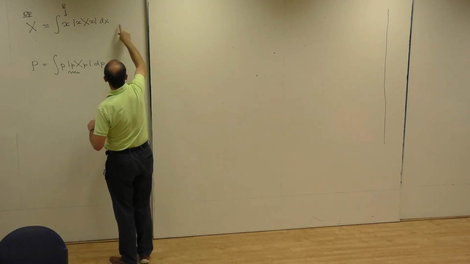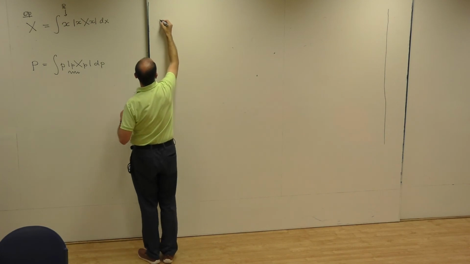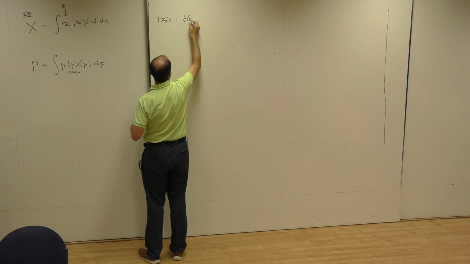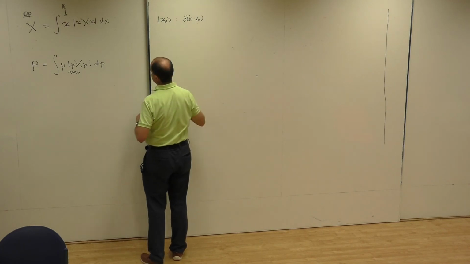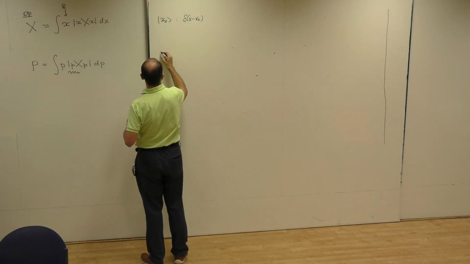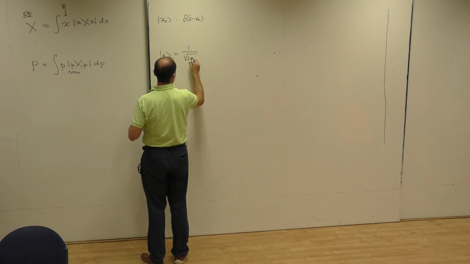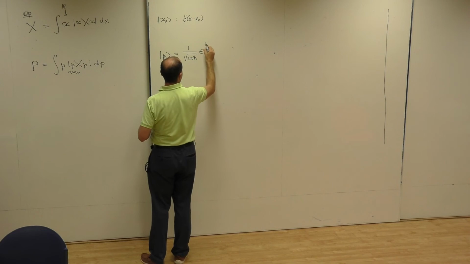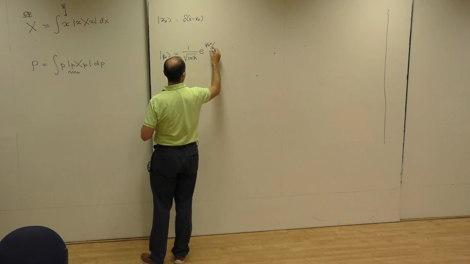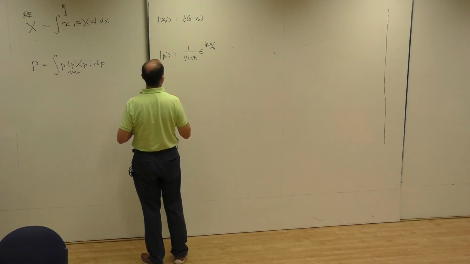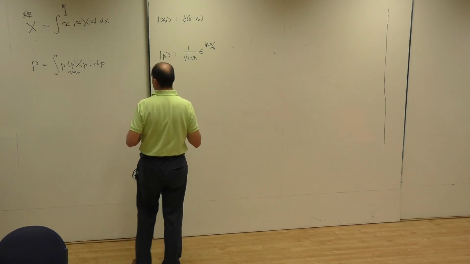Now we have this operator, right? We know that the wave function associated to x0 would be the delta of x minus x0. And we know that the wave function associated to p0 is going to be 1 over square root of 2 pi h bar e to the i p0 x over h bar.